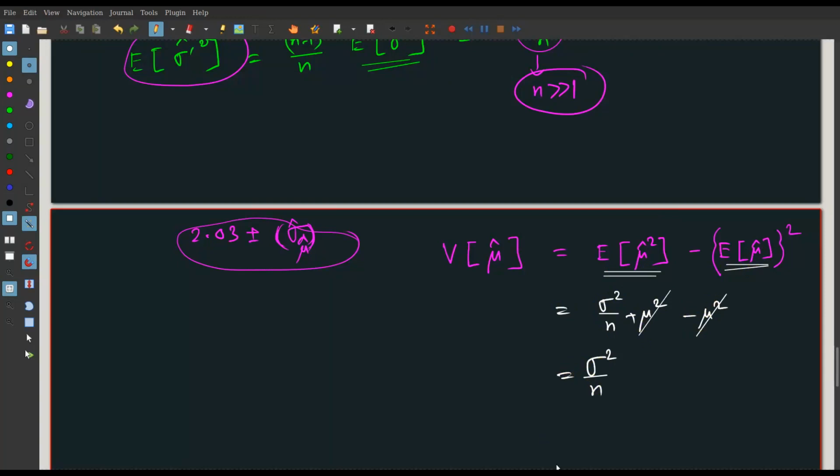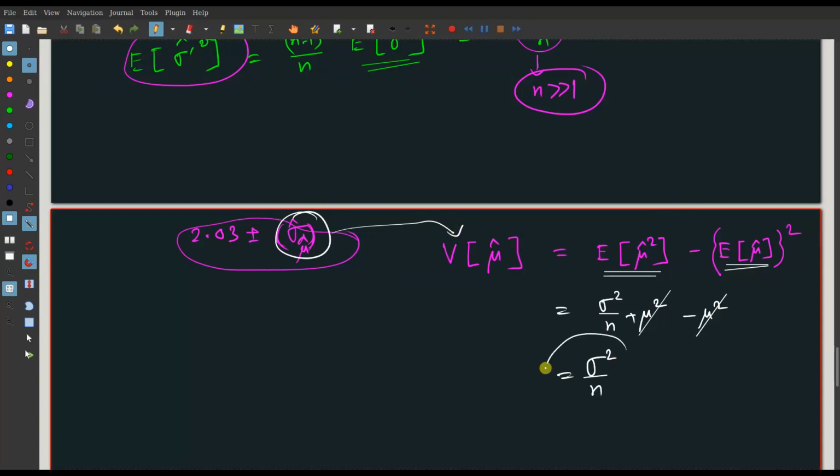Now remember, when you estimate your parameter, your objective is to reduce the error. You want to be as confident as can be in your estimation of your parameters. That means you need to reduce this. How can you reduce this?